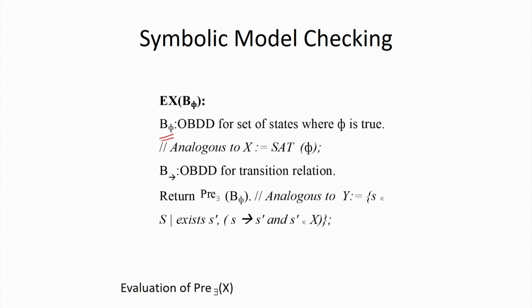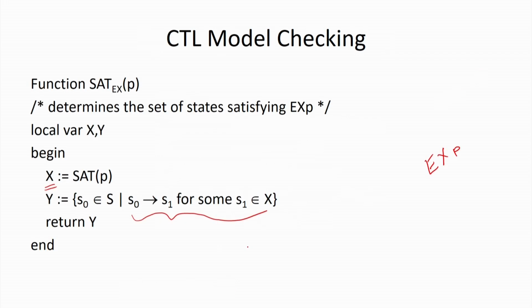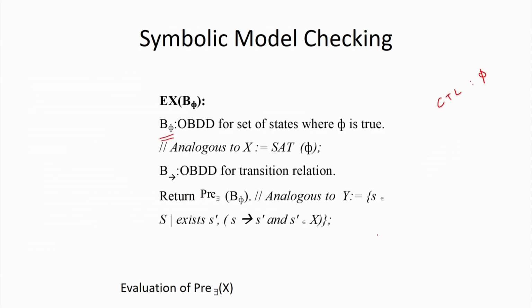We have a CTL formula phi, and we know the set of states where phi is true. We collect those states and build a BDD representation of them, and call it B phi. This is analogous to X equal to the set of states satisfying phi in the model checking algorithm.